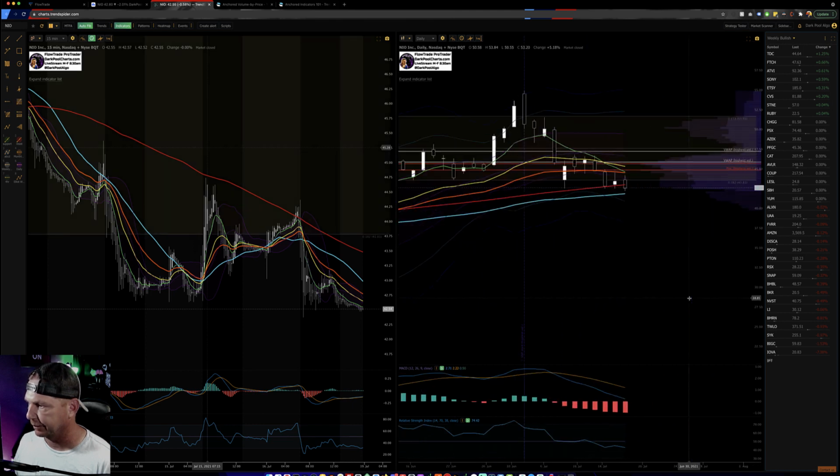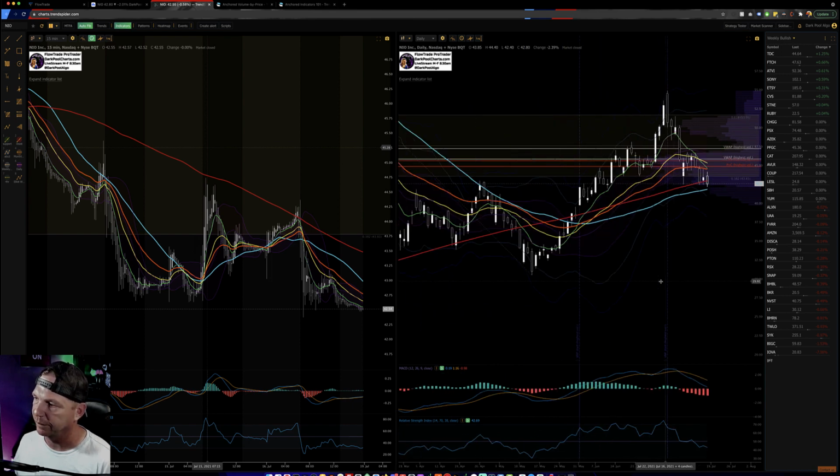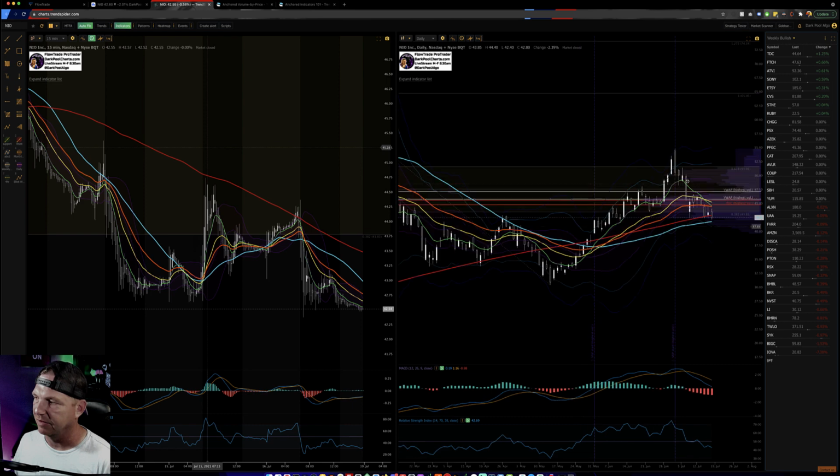We're currently resting right below that 38.2. So NIO's in one of those interesting positions where if it goes up and taps VWAP, then it's going to form a head and shoulders and continue to fade off.